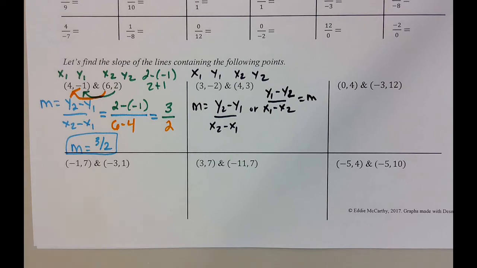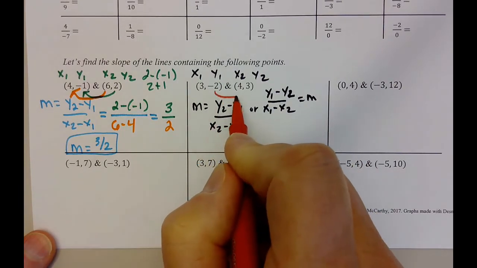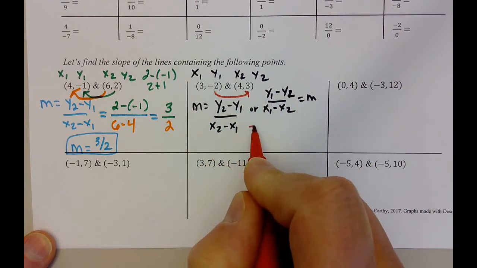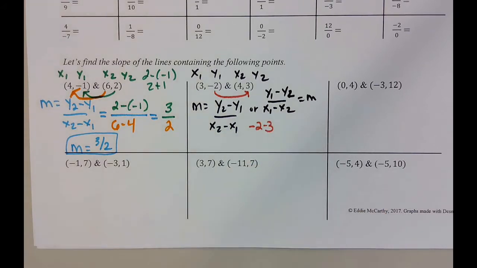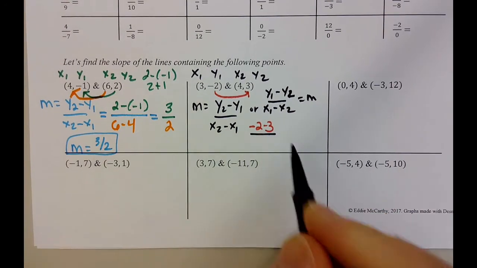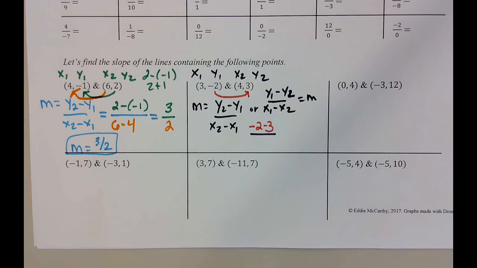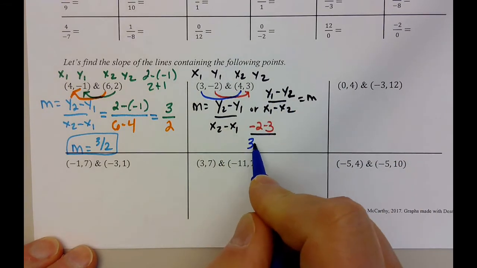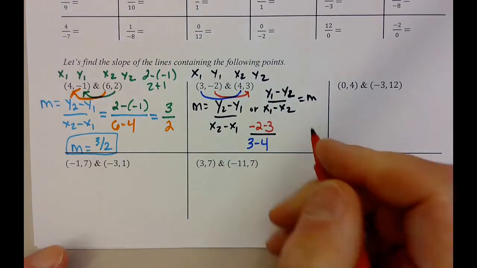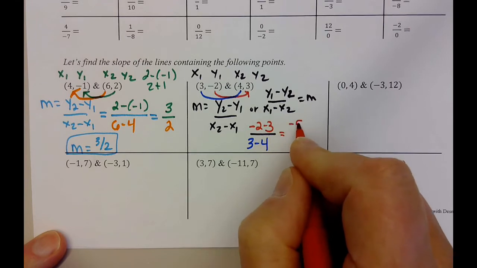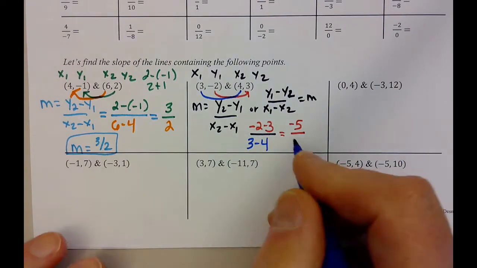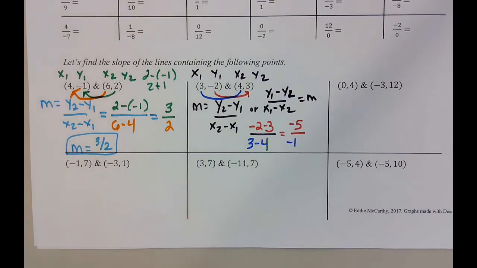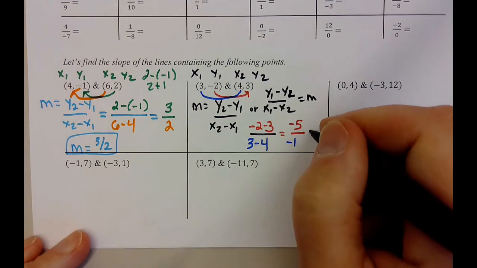So I'm actually going to start here, and I'm going to say negative 2 minus 3 divided by 3 minus 4, and that's going to give me a negative 5 over negative 1, which is in fact a positive 5.